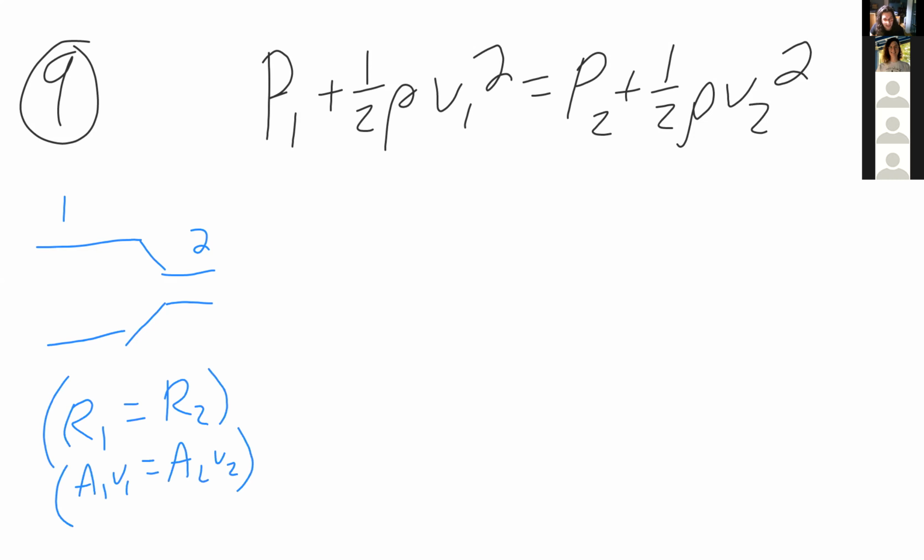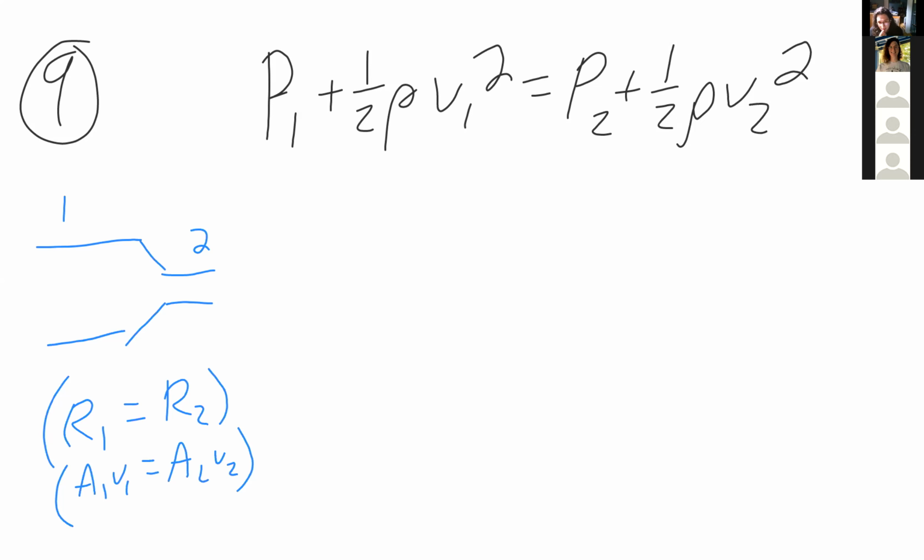What are they going to ask for? They're going to ask for the rate of water flow in cubic meters per second. So they're actually asking us to calculate a volume flow rate. So I don't think we're gonna use it to solve the problem. But what they do give us is both areas and both pressures, and that's it.